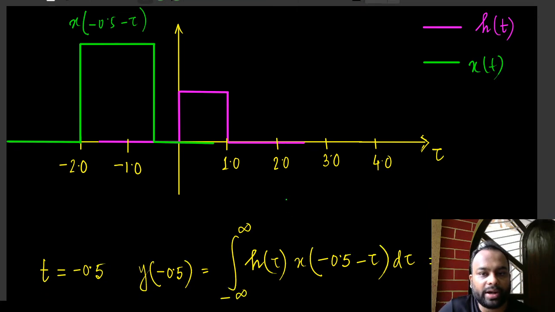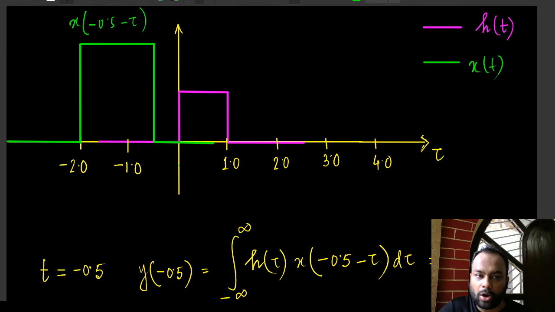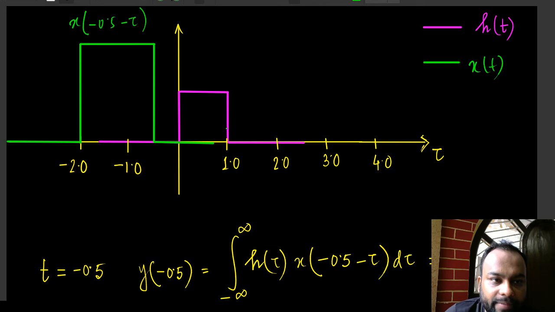And in order to calculate the area output of the system, what do I need to do? I need to figure out the overlapping area, common area. Multiply them, calculate the overlapping area, and basically take the entire area. That will be the output, because that's the integration, right? So what is the overlapping area here? What is the common area? What is the area of the product here?